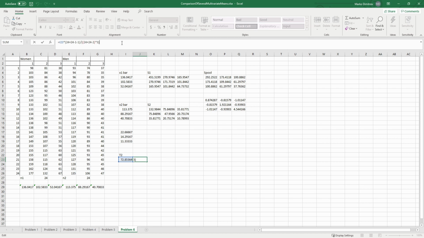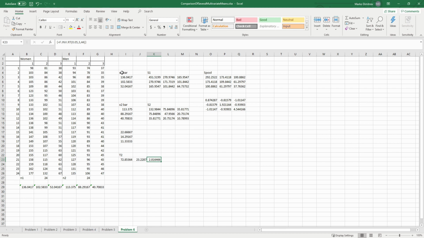And the critical value, which is probably around 3, is the Fisher distribution 0.05 with 3 and so, 2.81.